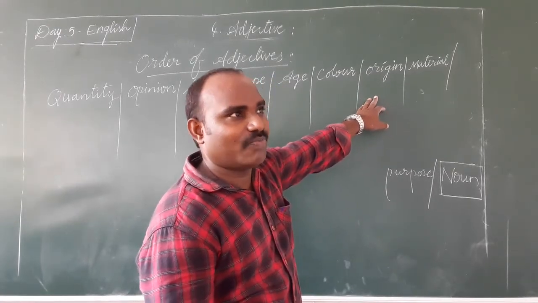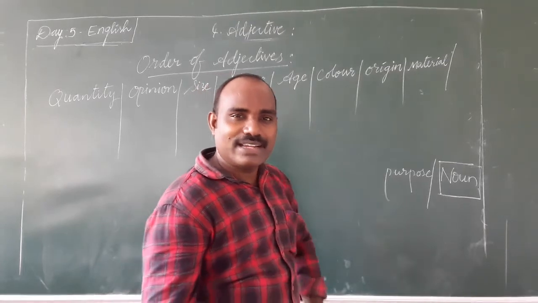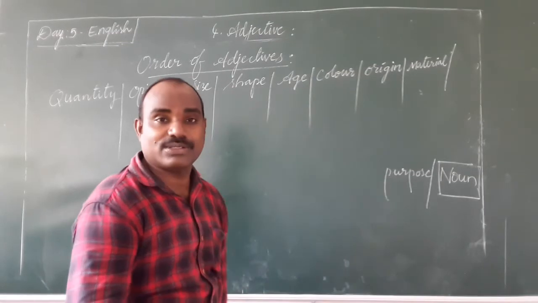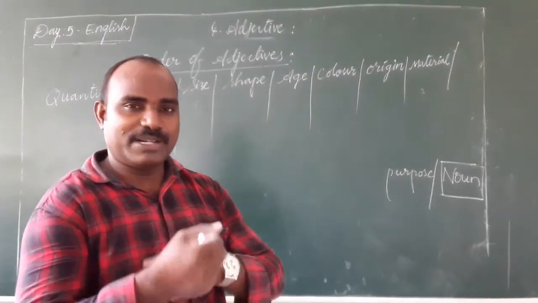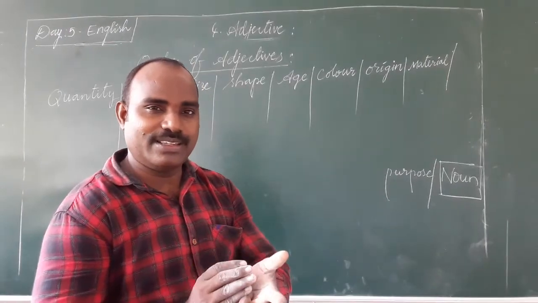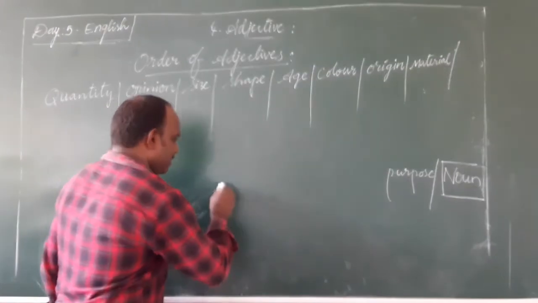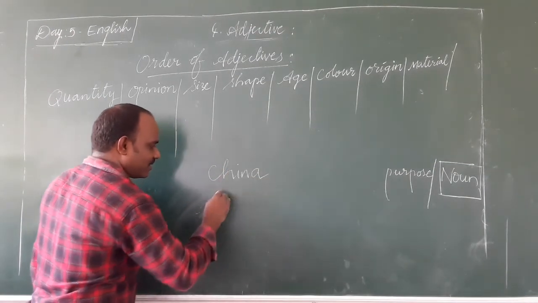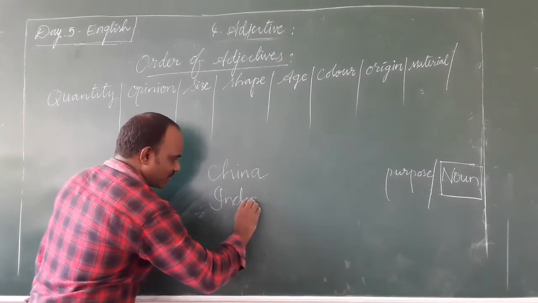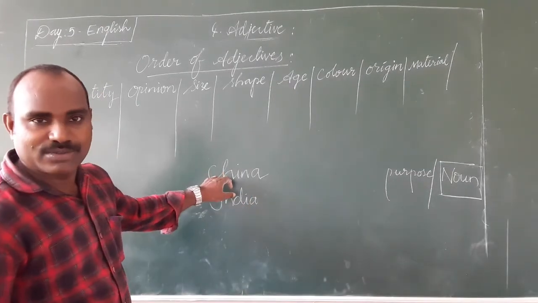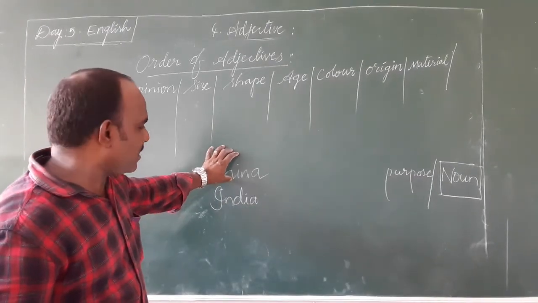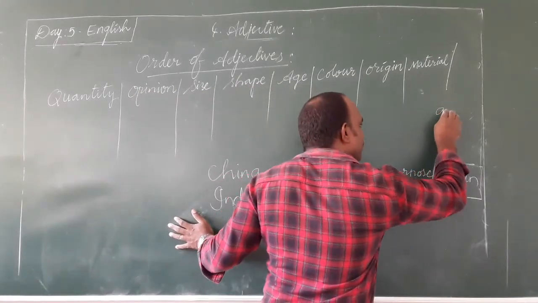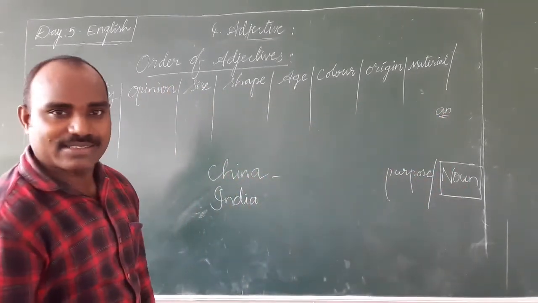The source. I forgot to tell you, some adjectives are formed from proper nouns. Do you remember what a proper noun is? A proper noun is a particular name of a person, thing, or something else. For example, China, India. These are proper nouns, particular names of a country or nation. So we can add an N or AN suffix.